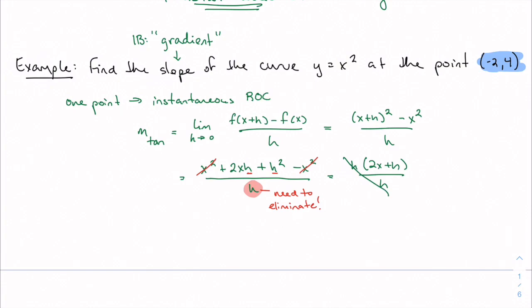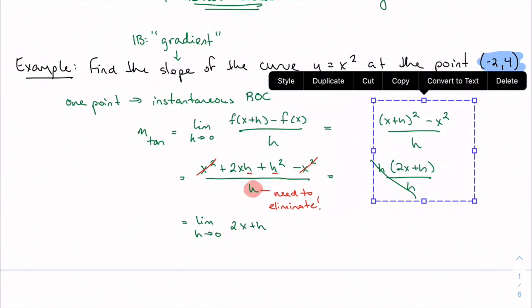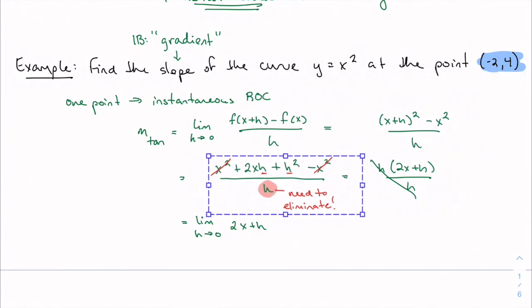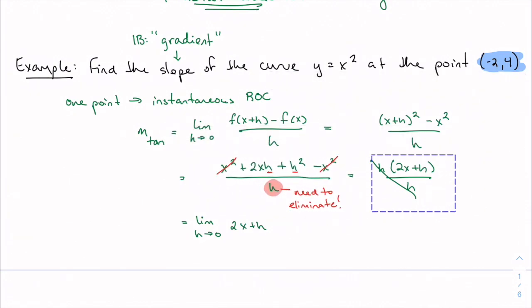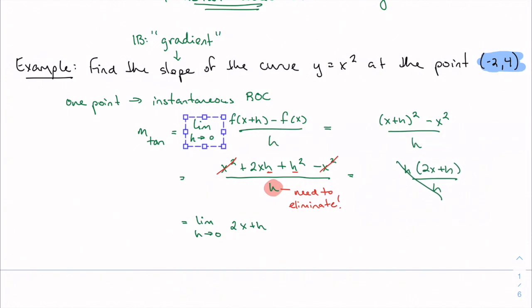Cancellation. I realize I haven't been carrying over the limits, but that does still apply. So the limit as h approaches 0 of 2x plus h. Actually, let me go back in and add those in just to stay consistent. It's always important.